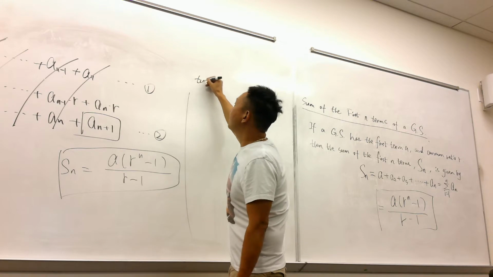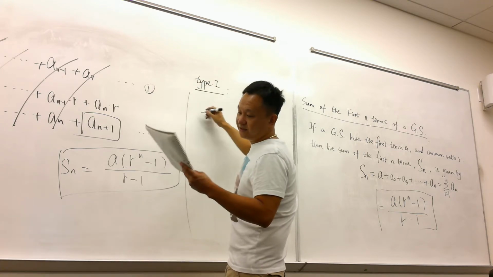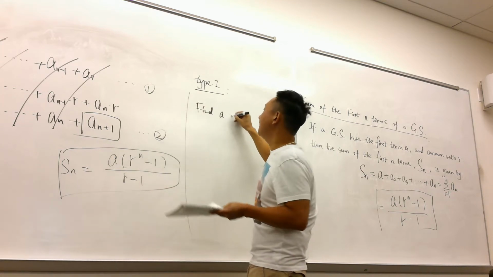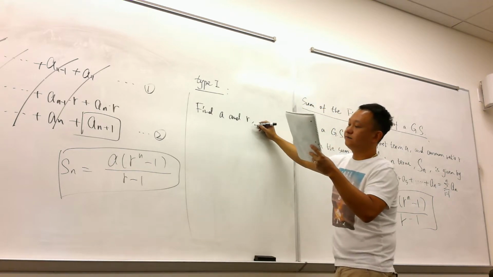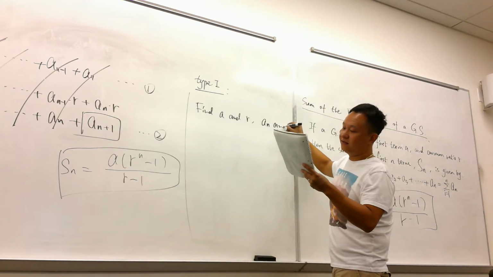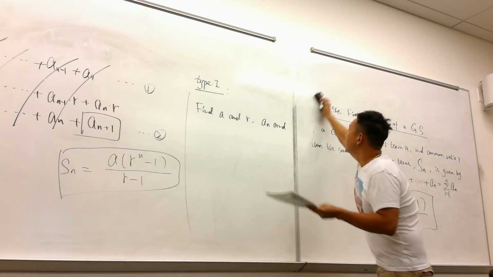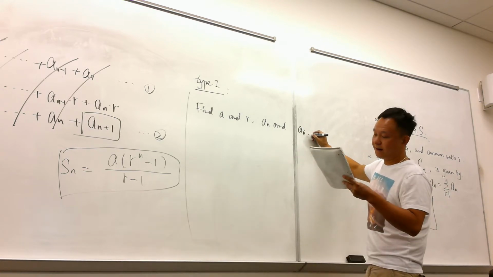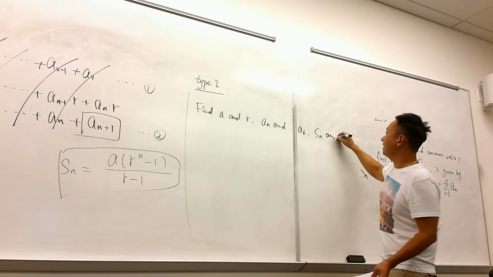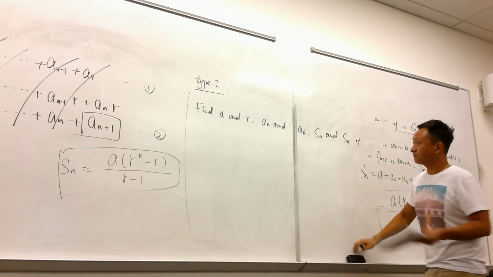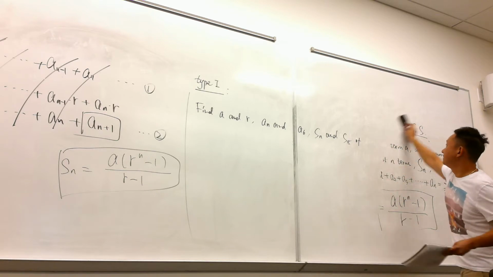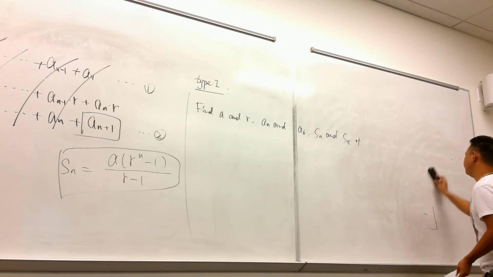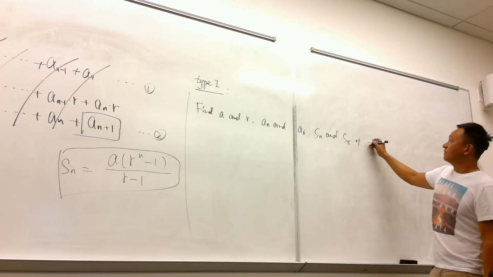Type 1 questions are very straightforward. Find the A, R, A sub n and A sub 6, S sub n and S sub 15 of the following geometric sequence.